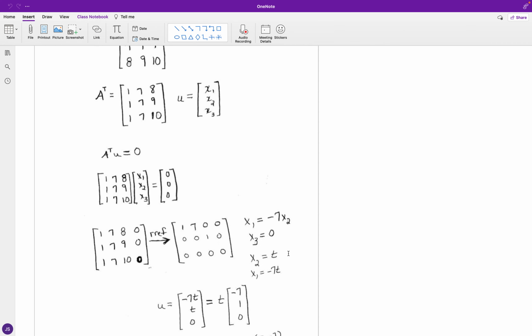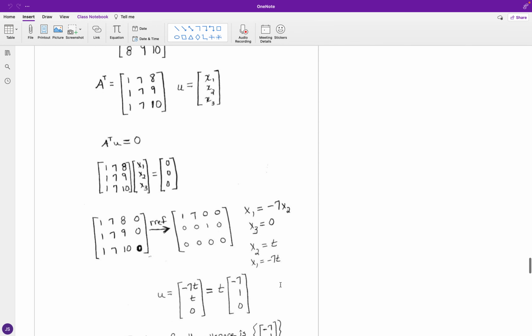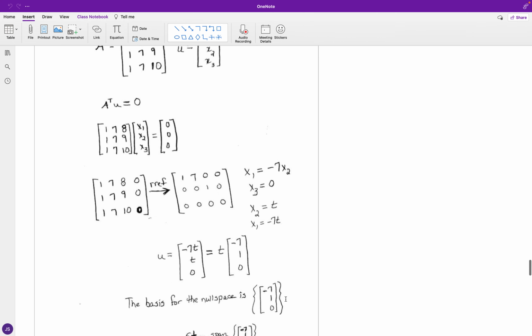That means x of 1 is equal to negative 7 times t. So for the null space, u is equal to the 3 by 1 matrix consisting of negative 7t, t, and 0. Factoring out the t, we have t times the vector with negative 7, 1, and 0.